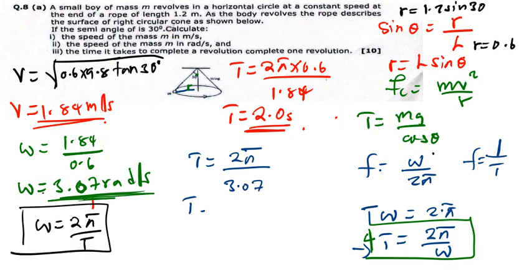So the period will be equal to 2 pi divided by 3.07. I'm also getting 2.04, which is just 2.0 seconds. So as you can see, you choose which one to go with and you end up with the same answer.